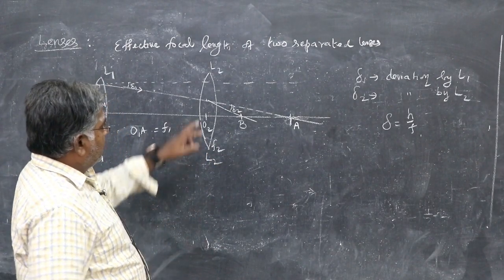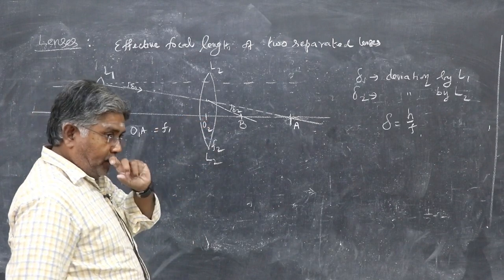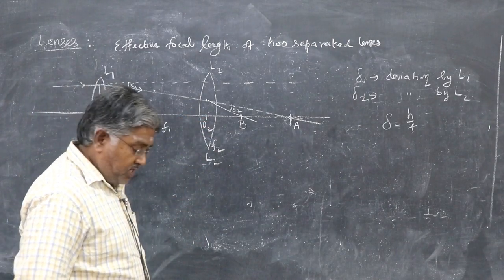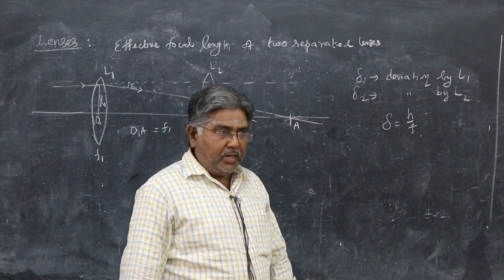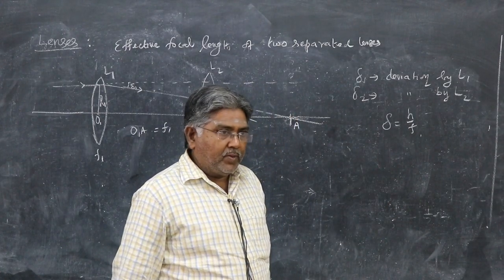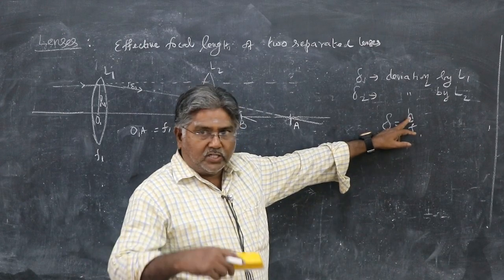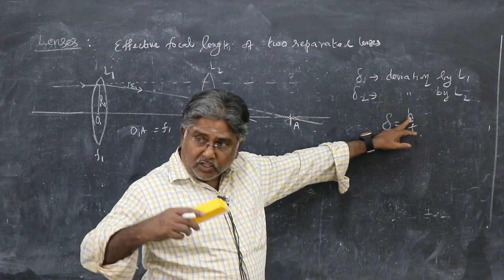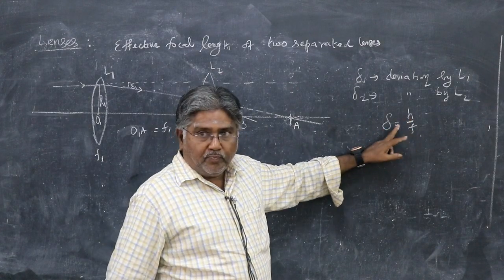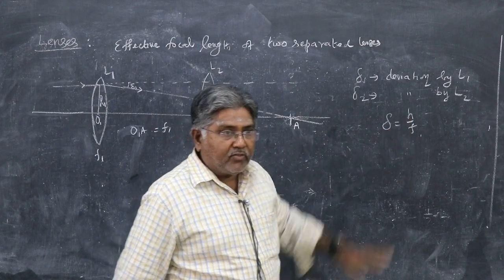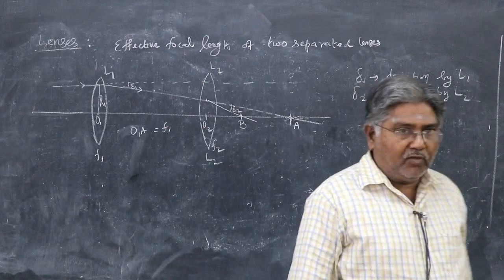So deviation by the second lens is h2 by f2. The formula is the same. Deviation by a convex lens is h by f. Whatever may be the incident ray, if h is the height at which the ray is incident on the lens, the height is measured from the optic center and f is its focal length, then delta will be h by f. That is the formula for deviation.